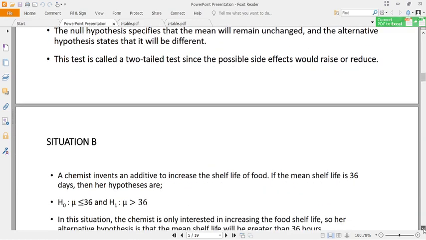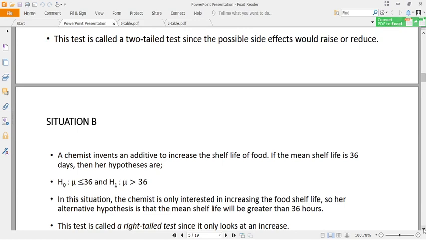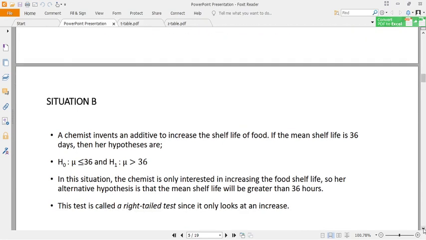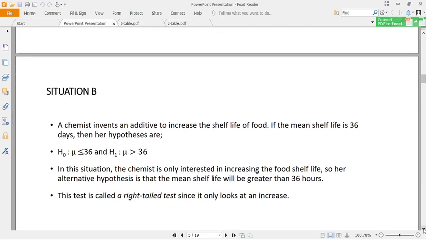Then situation B: a chemist invents an additive to increase the shelf life of food. If the mean shelf life is 36 days, then for the hypotheses, the chemist is interested in increasing the shelf life.